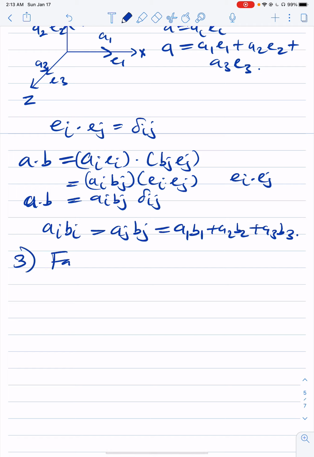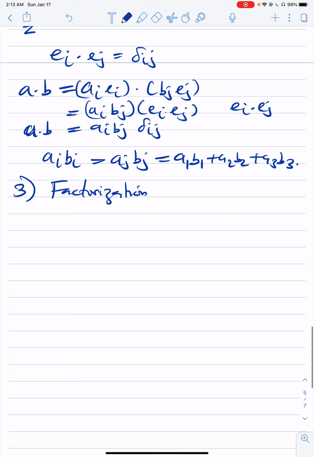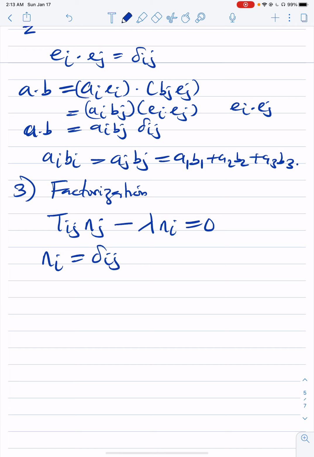So the third one, where I'm trying to do some form of factorization: if you have, let's say, a matrix T_ij n_j minus lambda, like a scalar that just stretches n_i, and it's equal to 0. If you look at this expression, n_i equals Kronecker delta ij n_j. This is a very vital pattern to memorize or look out for.